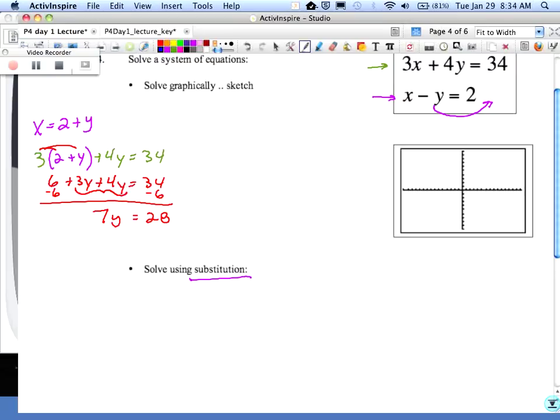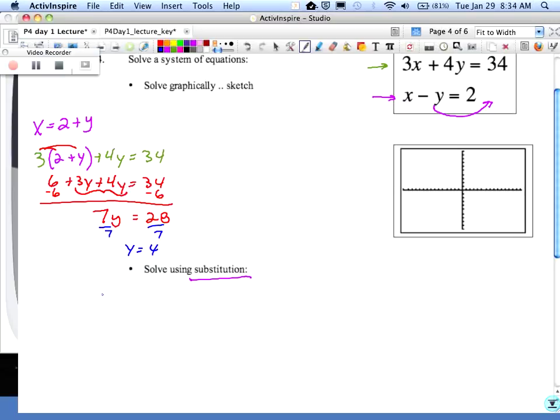When you solve a system of equations, you need to find both answers. Right? A system is asking you, when do the two graphs or two lines or two equations intersect? When do they touch? Y equals 4 doesn't tell me anything. We have to find the x. So take this y is 4, plug it into any of the original equations.